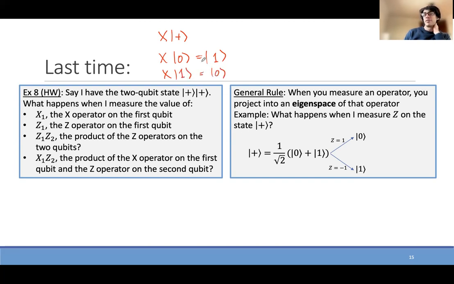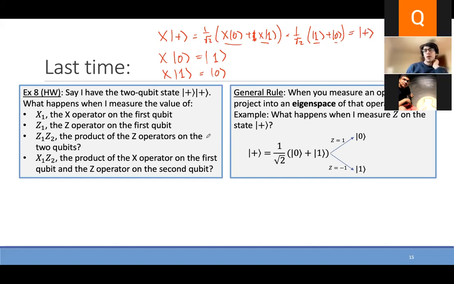This is the definition of the X operator, which means that X acting on the plus state is 1 over the square root of 2, X acting on 0 plus X acting on 1, which is the same as 1 over the square root of 2, 1 plus 0. So you get back the plus state. The plus state is already a state with X equals 1.